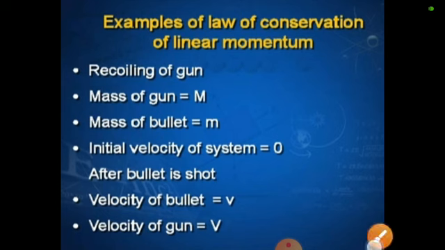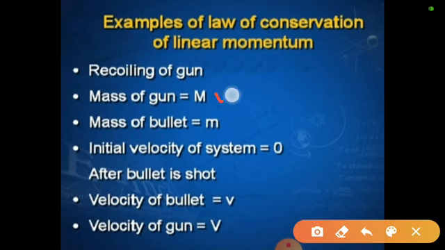So consider that capital M is the mass of the gun, small m is the mass of the bullet. The initial velocity of this system is 0. Initial velocity of the system means the gun including the bullet is at rest. It means before firing, the total momentum of the system is 0.